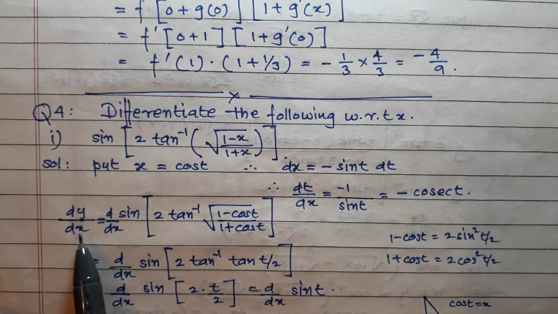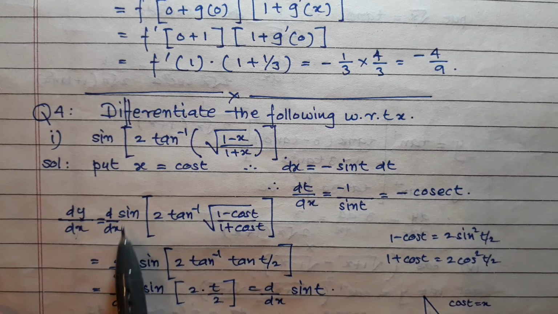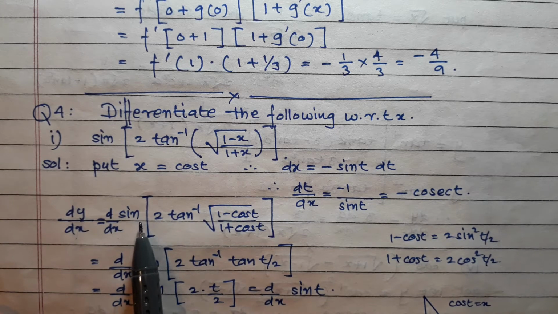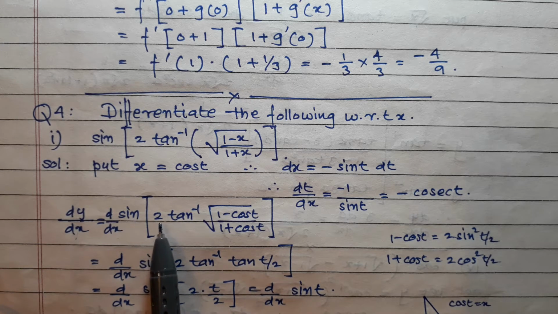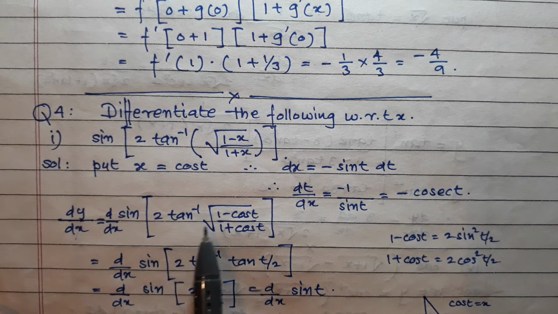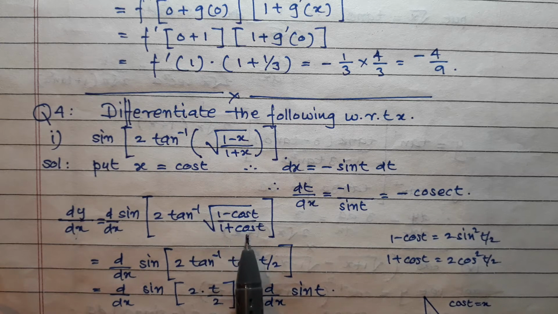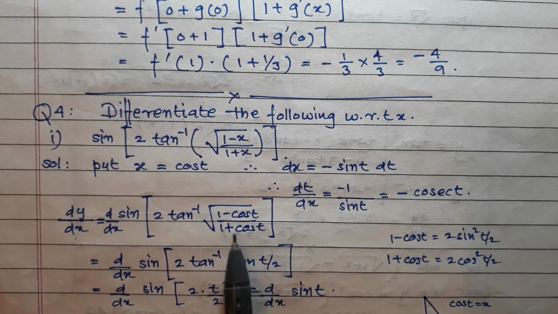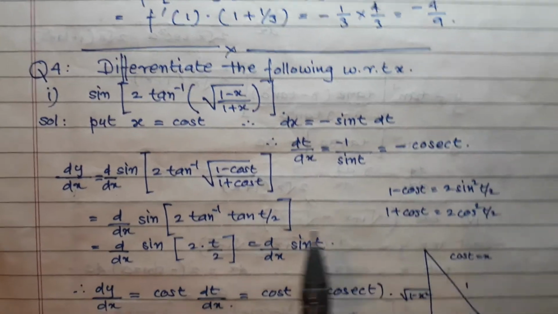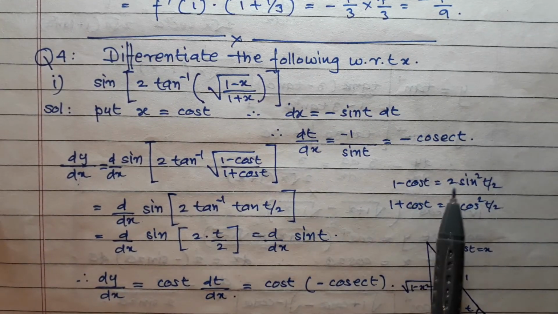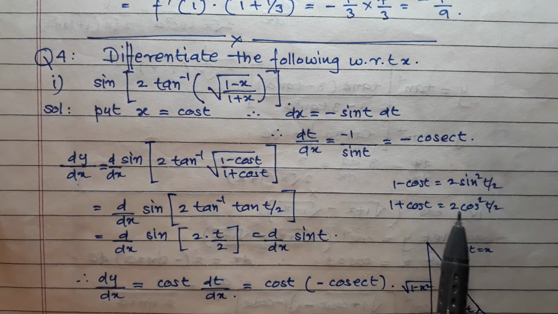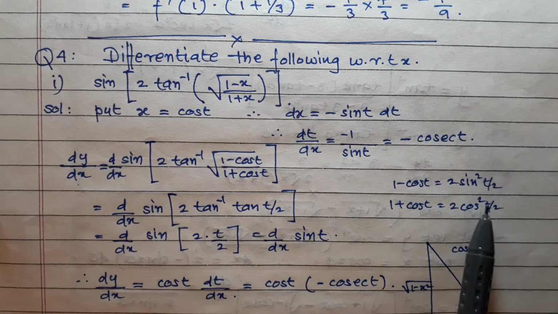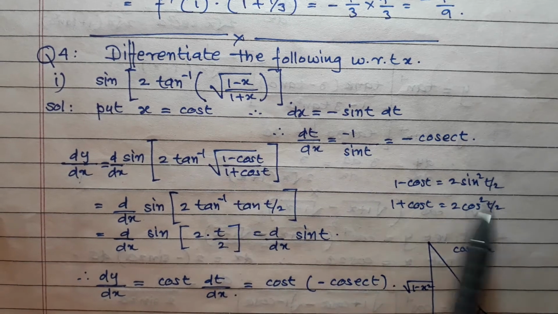Now dy/dx is equal to d/dx of sine 2 tan inverse under root (1 minus cos t) upon (1 plus cos t). So 1 minus cos t is equal to 2 sin square t upon 2, and 1 plus cos t is equal to 2 cos square t upon 2. Substitute this.